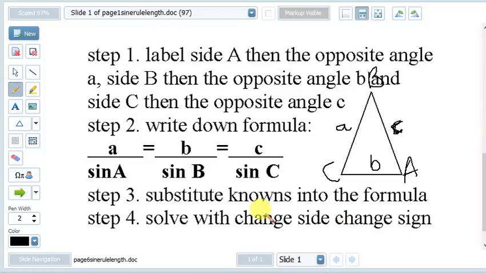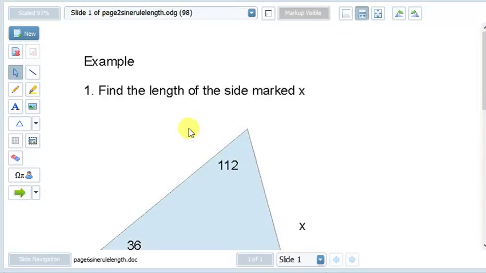If you're not sure what change side, change sign is, then please watch our solving equations video. If that doesn't answer it, then just click on the link on our website in the description to the video and ask us, and we'll explain. Okay, so let's move on to an example of the sine rule working out the length.